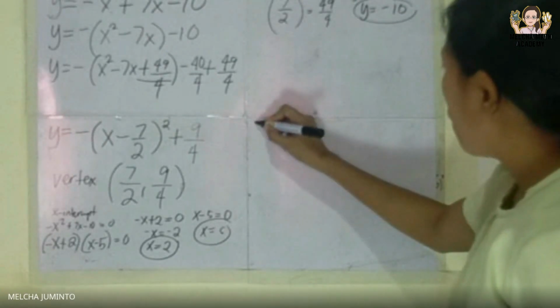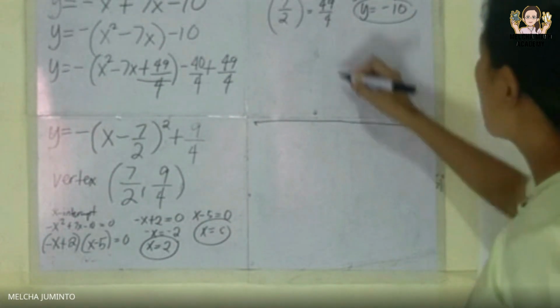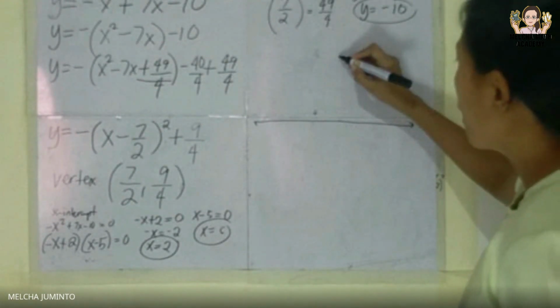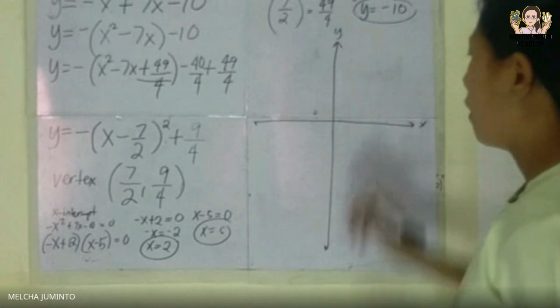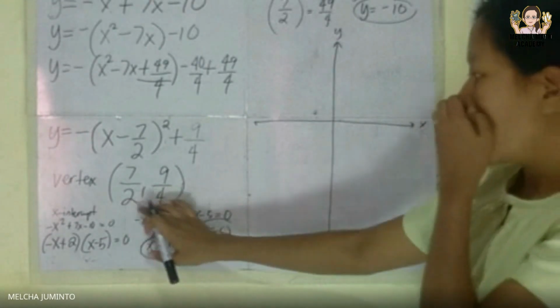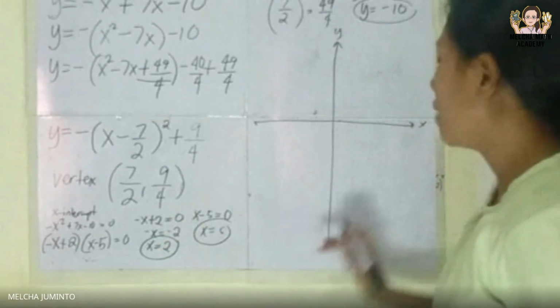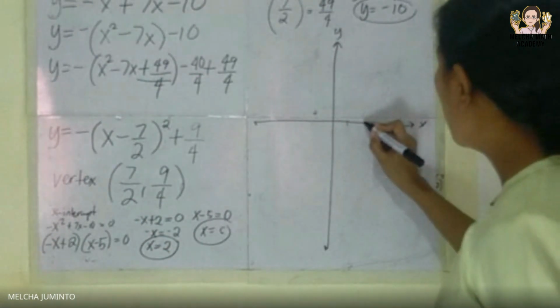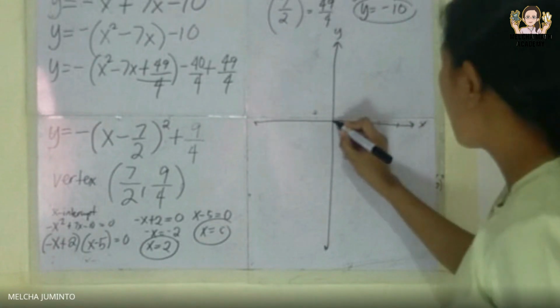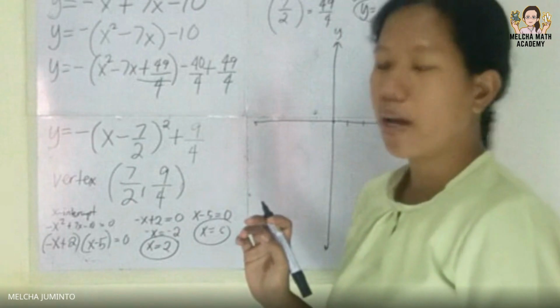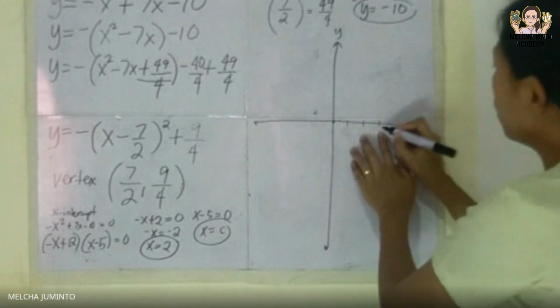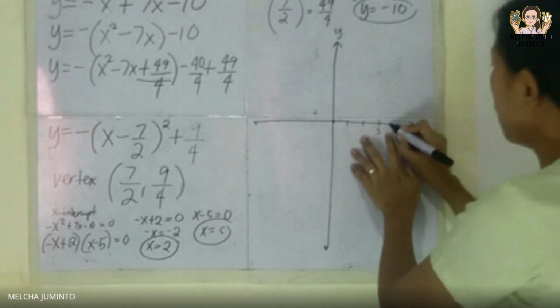We are now ready to graph. x-axis, and then we have the y-axis. Okay, since we have fractions, we can estimate them by decimal. So 1, 2, 3, 4. 7 over 2 is 3.5, so it will be between 3 and 4, 3.5.